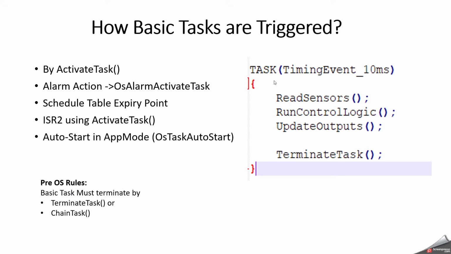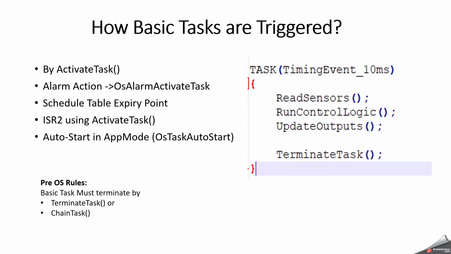And here you can see whenever you have a basic task, such a kind of function is generated by your generator. Whenever you are going to define your task functionality, you have to use it in such a way. Here we have three runnable entities that are mapped with the 10 millisecond task, which we created right now.